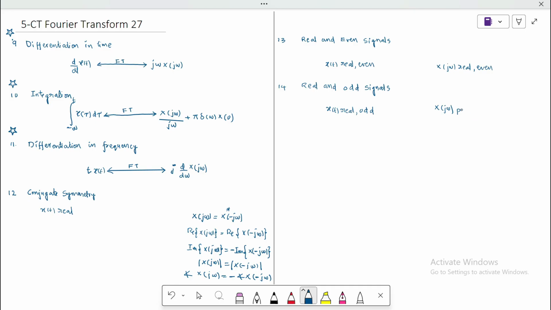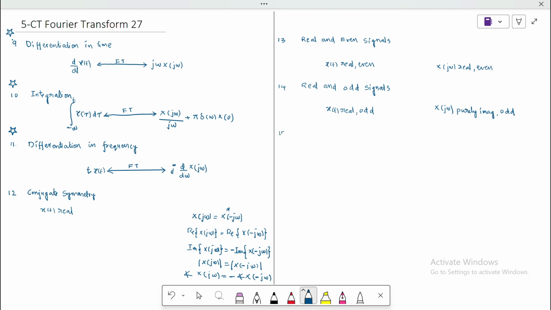Even though we are taking x of t as real, x of j omega is purely imaginary and also odd. So this is for a real and odd signal.